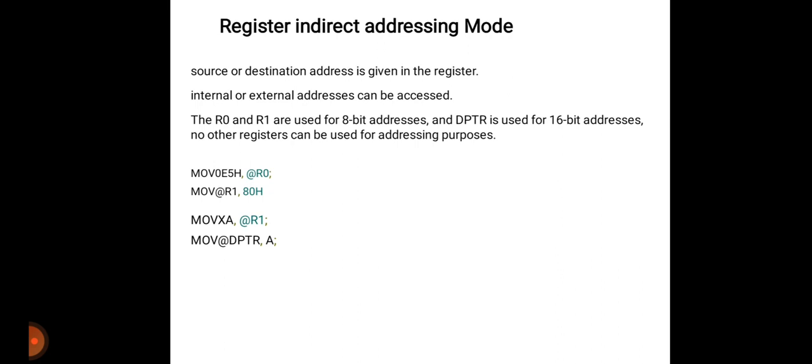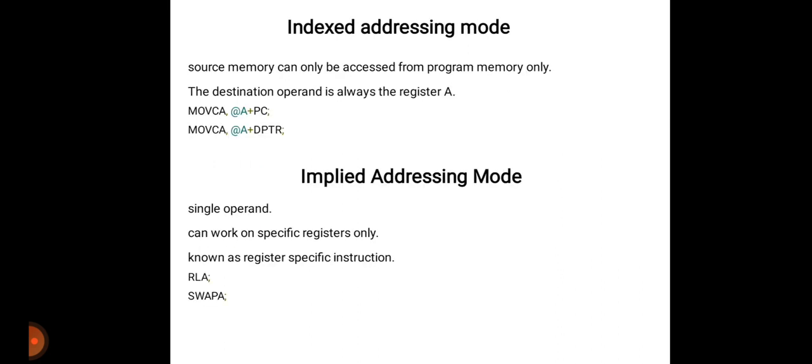So in the first instruction, R0 holds 40H, and A will get the content of the external RAM location 40H. In the second one, the content of the accumulator A is written to the location pointed to by DPTR, the data pointer register. In this way, register indirect addressing mode works.